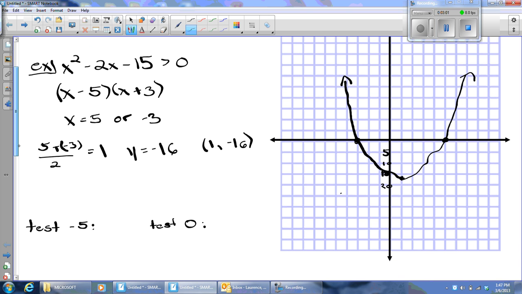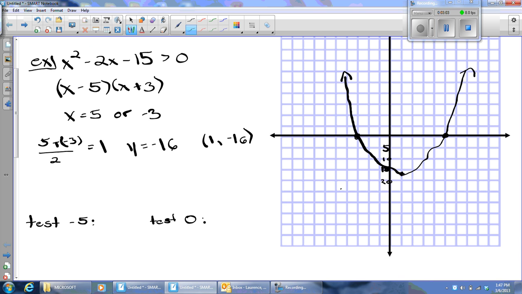So when you plug in negative 5 for x, we get negative 5 squared minus 2 times negative 5 minus 15 is greater than 0. And we get 12 is greater than 0, which is indeed true. So we're going to put true here.